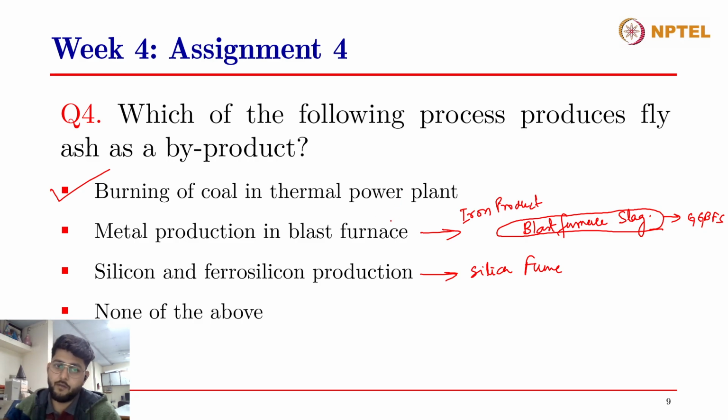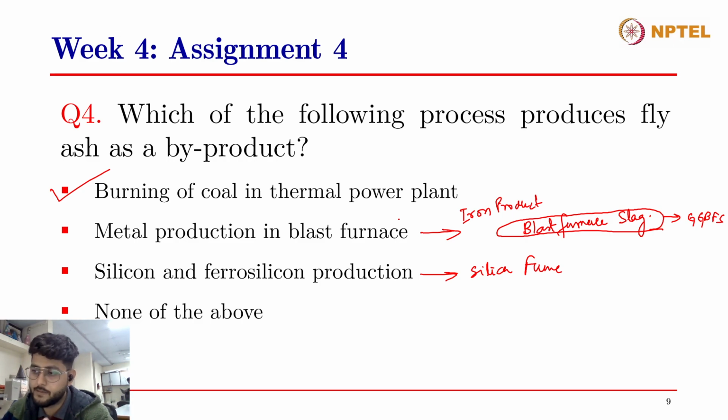And finally, when burning coal in a thermal power plant, we burn the coal at very high temperatures in order to convert the water into steam, which in turn flows on the steam turbines and produces electricity.